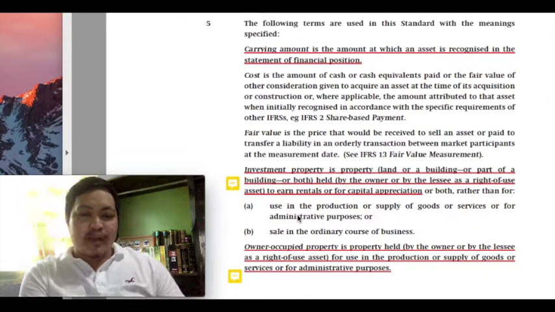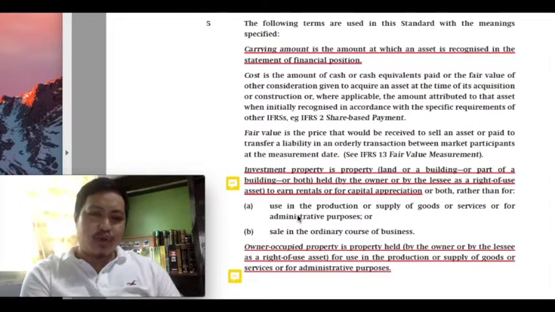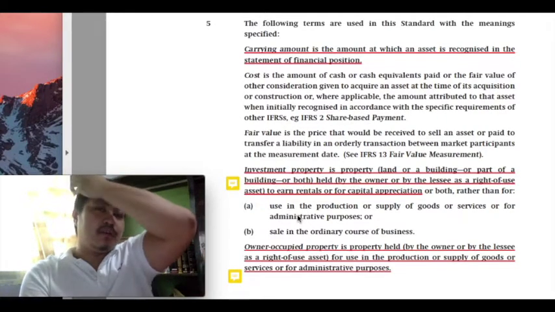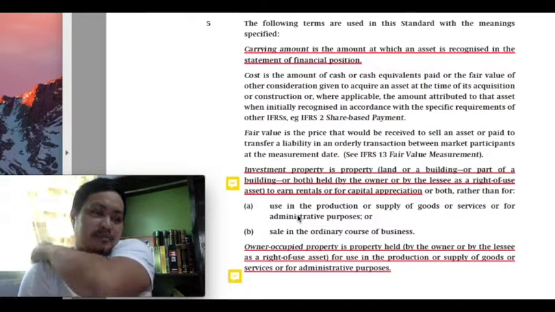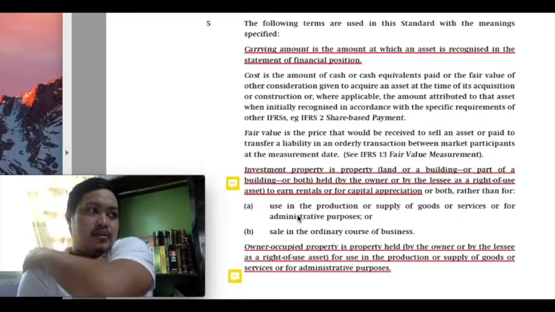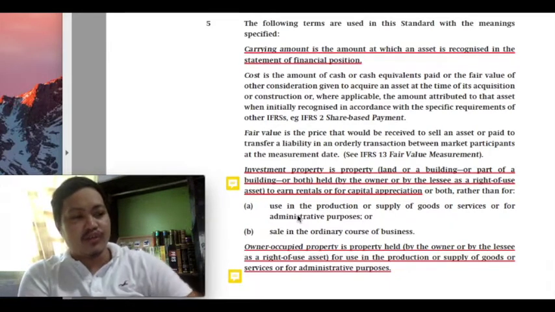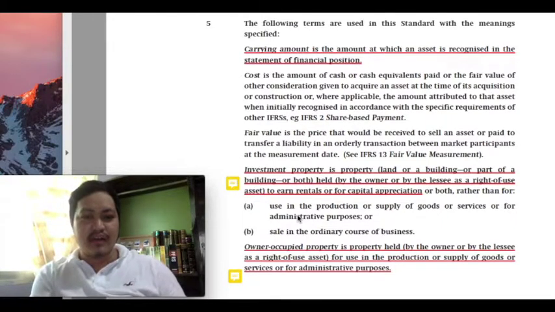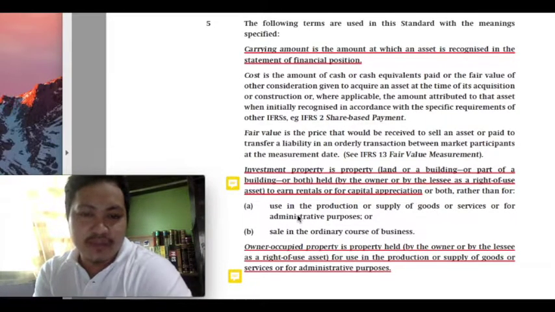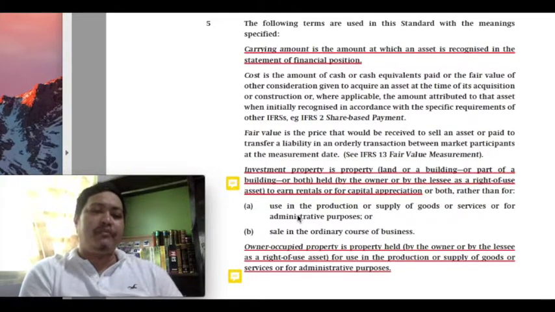Okay. I'd also like to emphasize, class, that because of the use of the term owner-occupied property, there is now a confusion as to the treatment of vacant properties, class. Okay, so really, investment property and owner-occupied property could be two sides of the same coin. The same land or building could either be investment property or owner-occupied property.